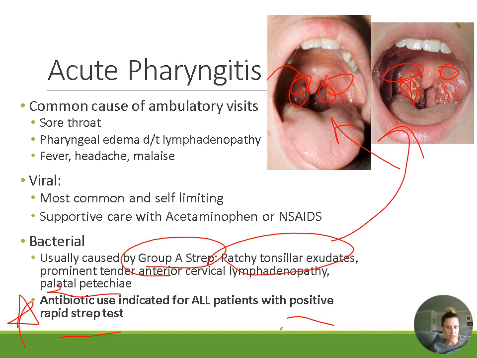Also, and this is more serious, rheumatic fever is a possible complication of untreated or undertreated group A strep. Inadequate antibiotic treatment of strep pharyngitis or no treatment of strep pharyngitis increases the risk of developing acute rheumatic fever greatly.